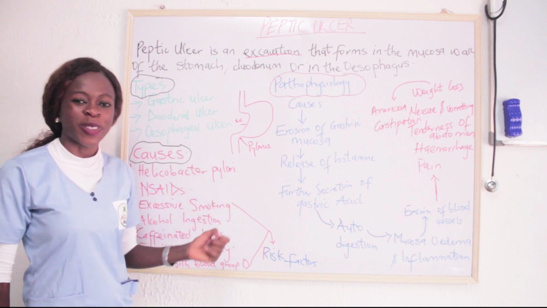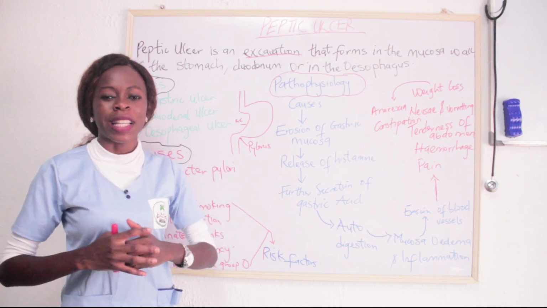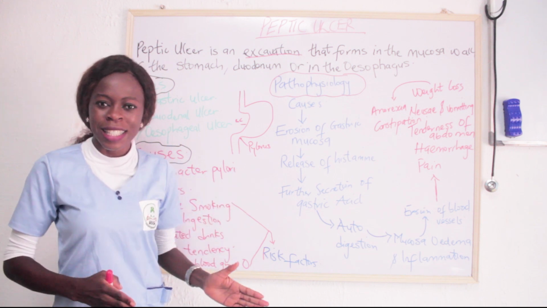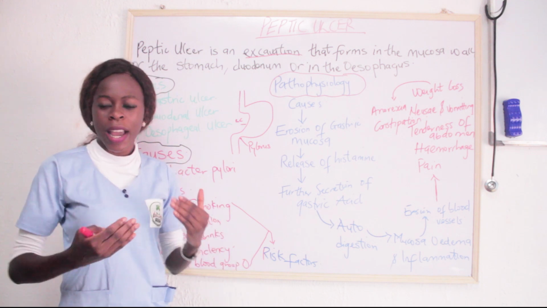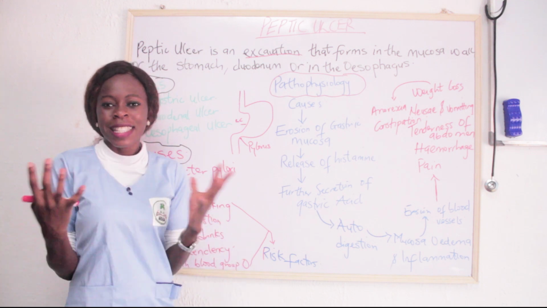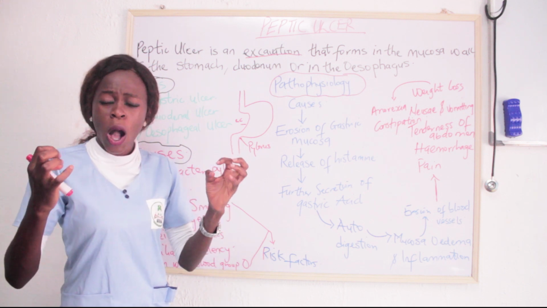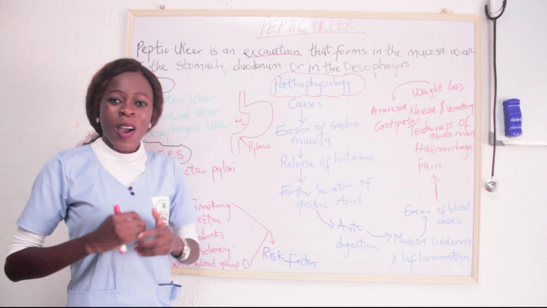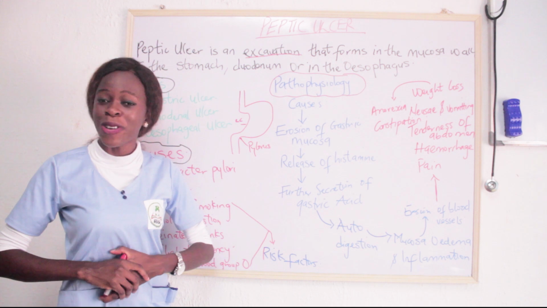Helicobacter pylori. When I heard about this organism, what came to my mind was that the stomach is acidic. I was thinking when this bacteria gets into the stomach, the acid nature of the stomach ought to swallow up and kill this bacteria. But I found out that Helicobacter pylori is actually very, very smart.